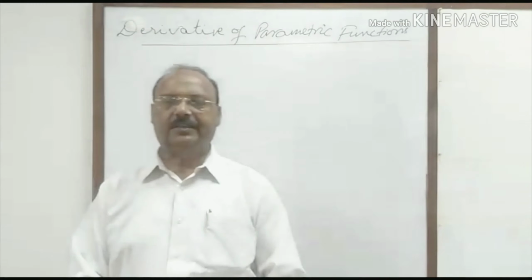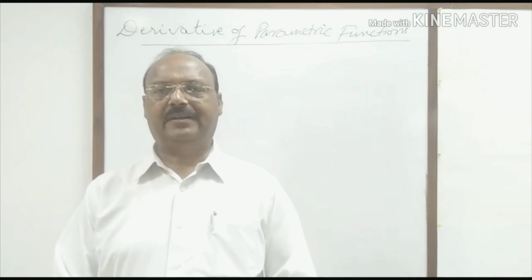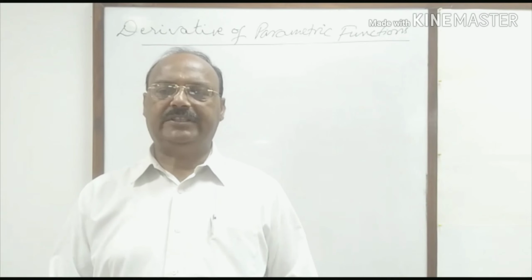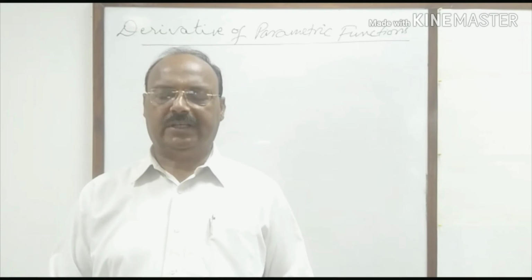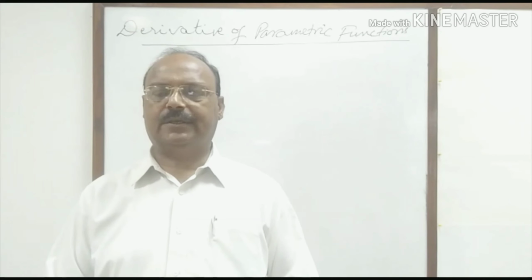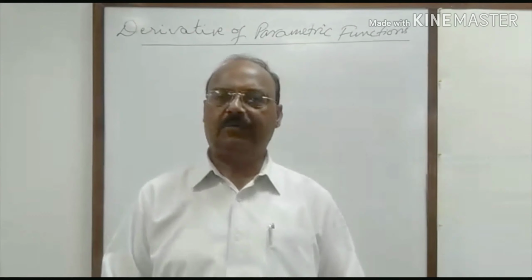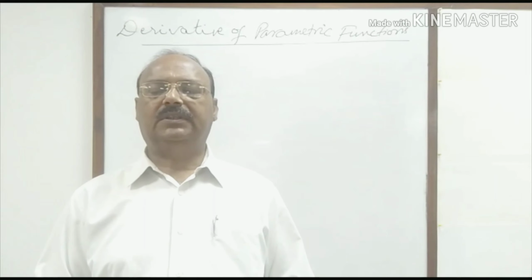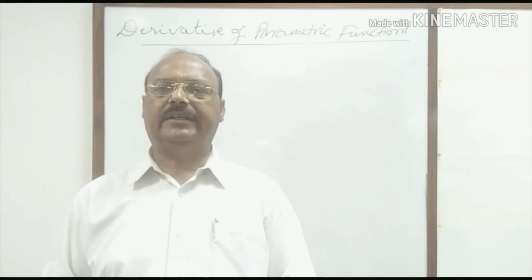Here we will be discussing derivative of parametric functions. So first of all, let us try to understand what is a parameter and what are parametric functions. Sometimes variables x and y are expressed in terms of some third variable, let us say t.